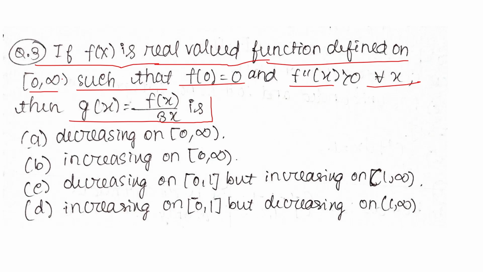So let's see what the approach can be. Given here, f(x) is a real valued function and the domain is 0 to infinity, f(0) equal to 0, f double dash greater than 0. So go to the next page. We have to investigate the behavior of the g(x) function primarily.